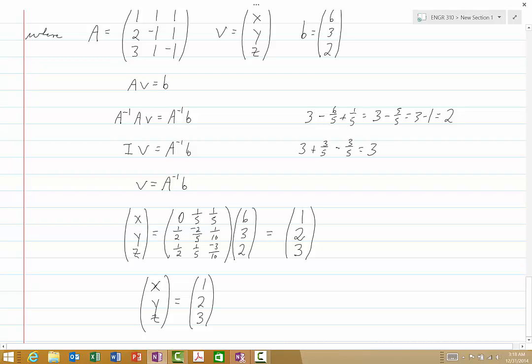But if you only have to solve an equation one time, it's probably more efficient just to go straight Gauss elimination. But definitely you want to understand the idea of an inverse of a matrix, and you want to know this Gauss-Jordan method for calculating the inverse.